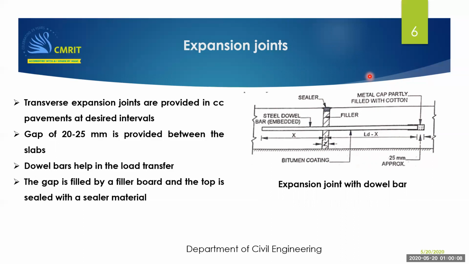So for that, we'll provide a metal cap as you can see here, and we will also try to provide a filler material like cotton over there, so that as and when the slab moves, definitely the bar will also be subjected to the movement. So this cotton filling will allow for the movement of the bar and also of the slab.